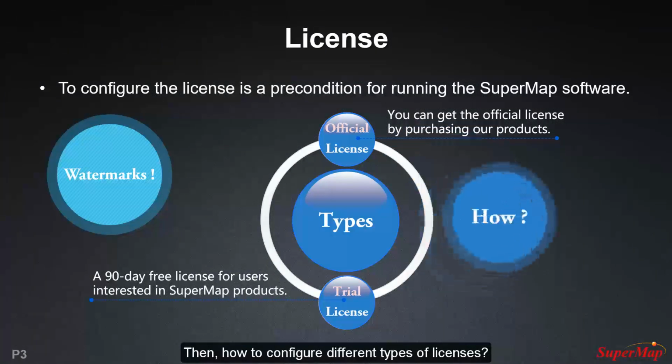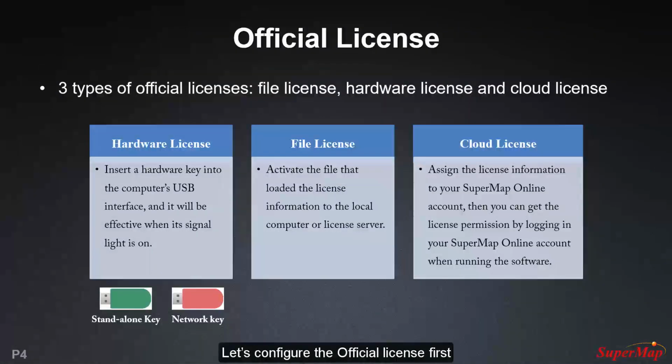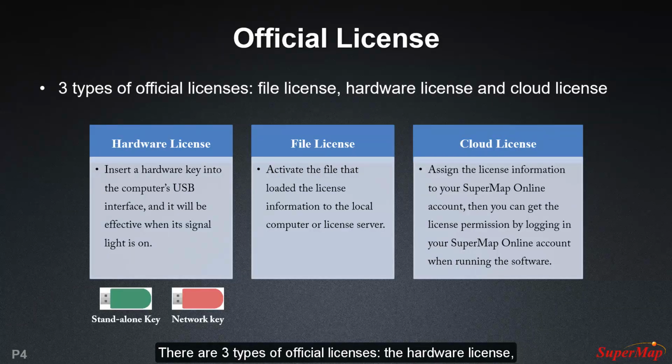Then, how to configure different types of licenses? Let's configure the official license first. There are three types of official license: the hardware license, the file license, and the cloud license. Hardware license is also called hardware key, which includes two types: standalone key and network key.